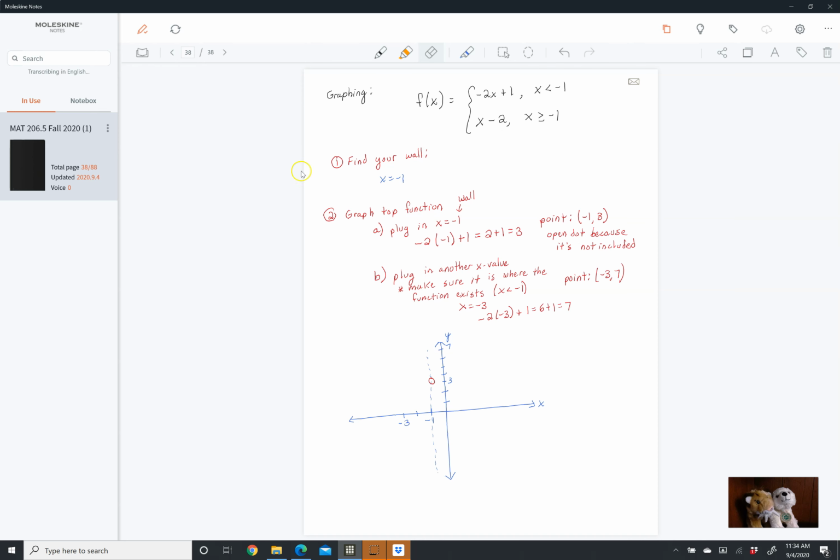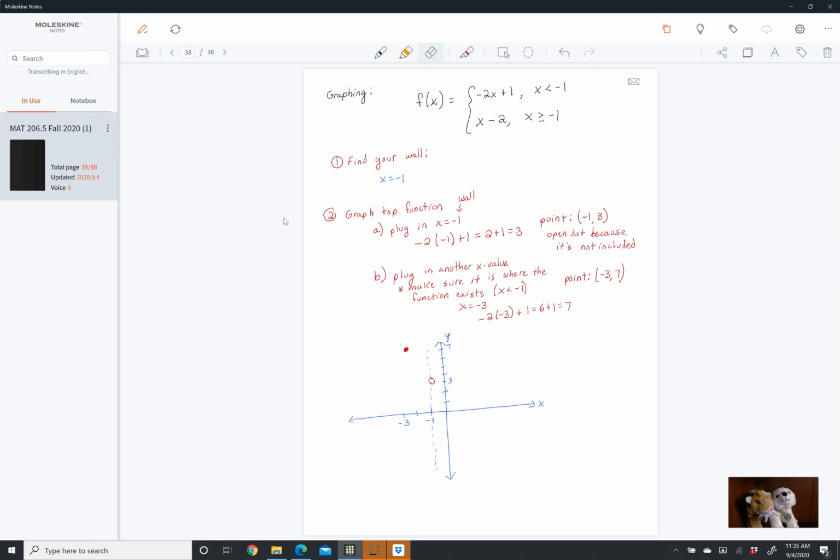And every other point on this line is closed. You only have one open dot. Your open dots are only along the walls and only where you don't see equal signs. Okay? You never have an open dot unless it's on the wall. So we have negative 3, 7, closed dot, closed dot.